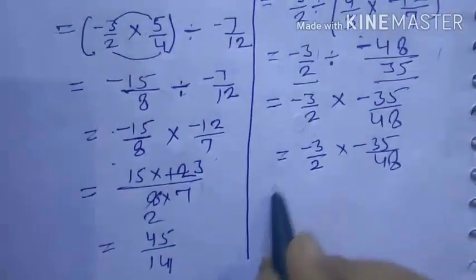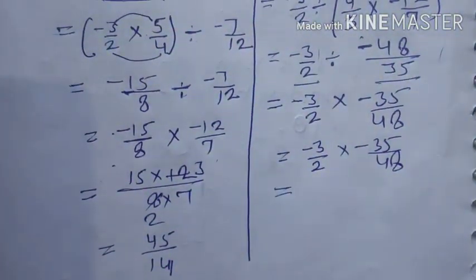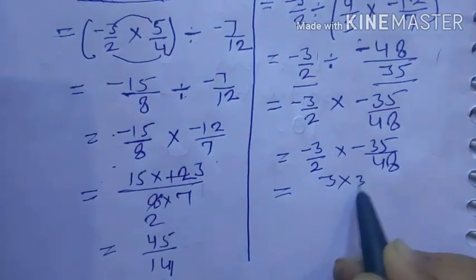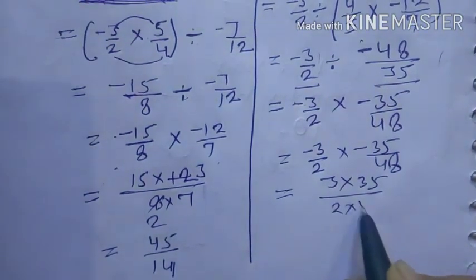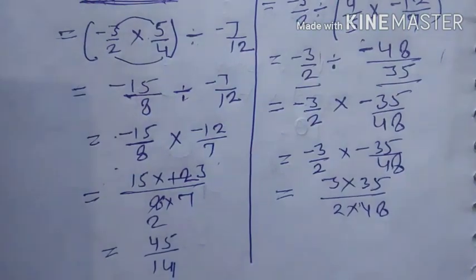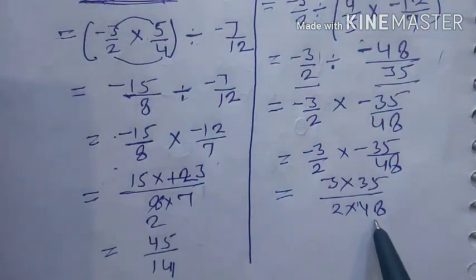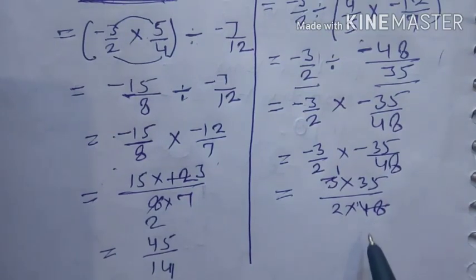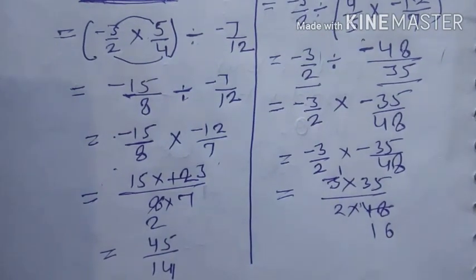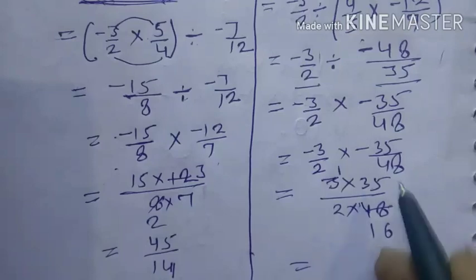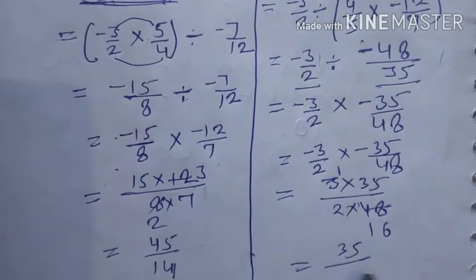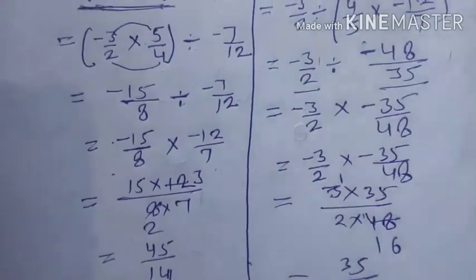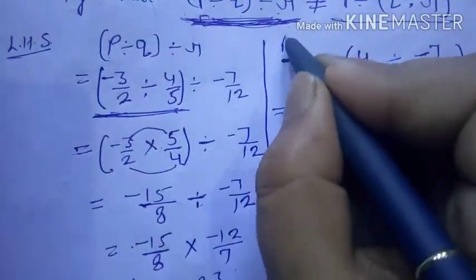Sorry, again you can see both are negative, so result will be positive. Now we will multiply numerator to numerator and denominator to denominator. Here we can cancel out 3 and 48 by 3. 3 1 is 3, and if we divide 48 by 3, then the result is 16. So you can see 35 1 is 35 and 16 2 is 32. So students, this is our right hand side.